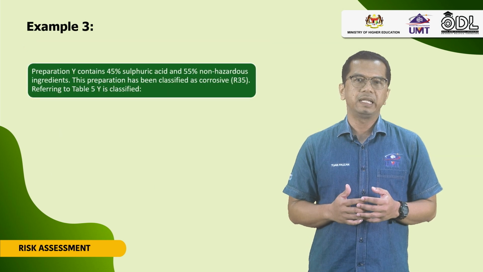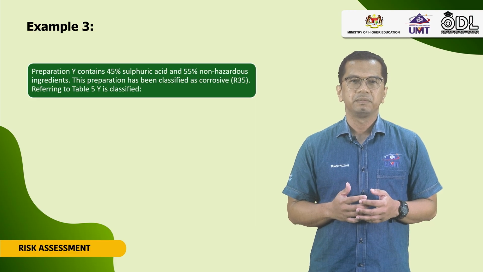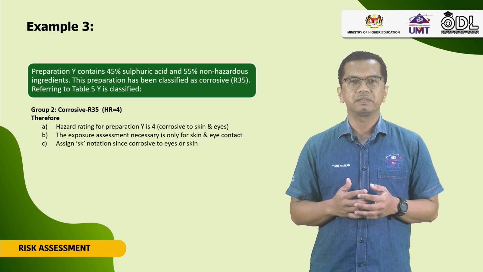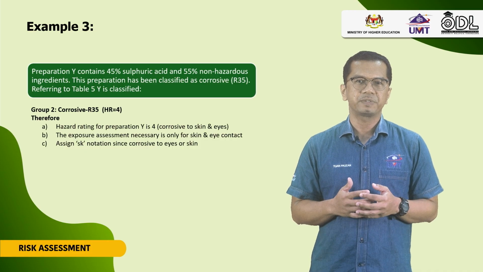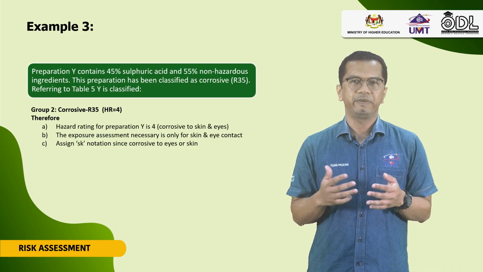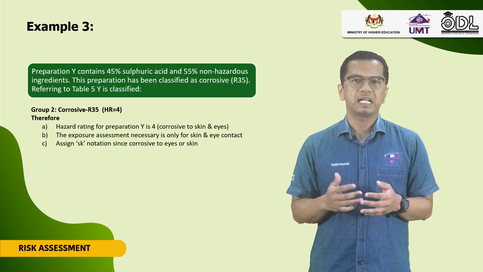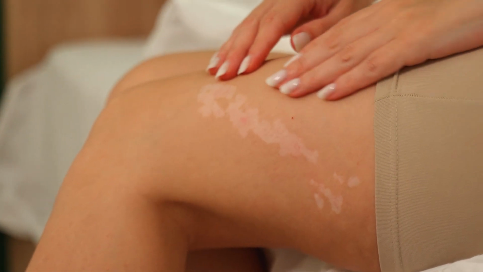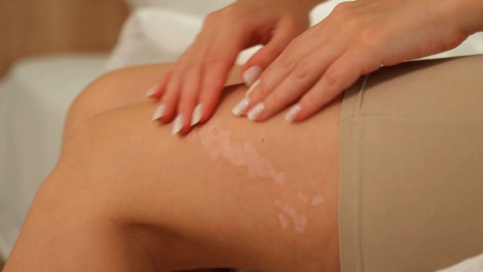Let's walk through another example, this time for a corrosive preparation. Preparation Y contains 45% sulfuric acid, a well-known corrosive substance, and 55% non-hazardous materials. It has been classified under risk phrase R35, indicating it is corrosive to skin and eyes.